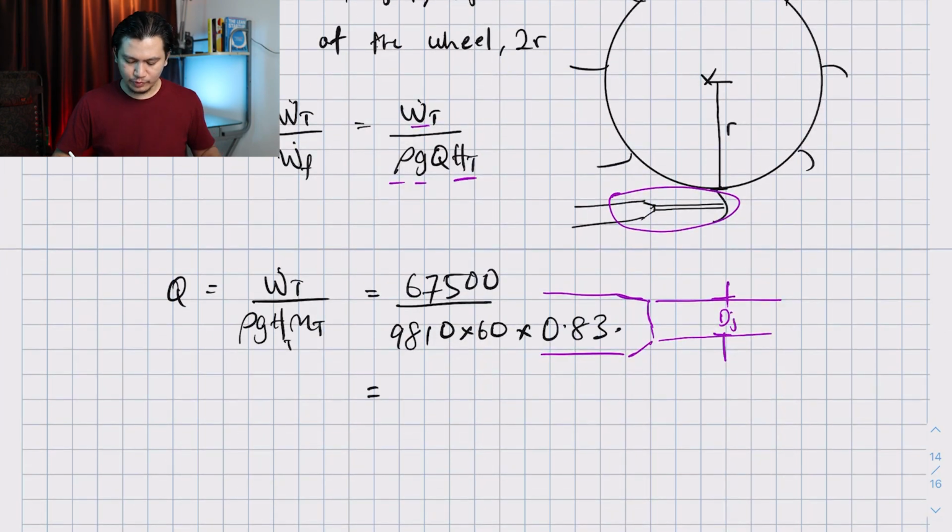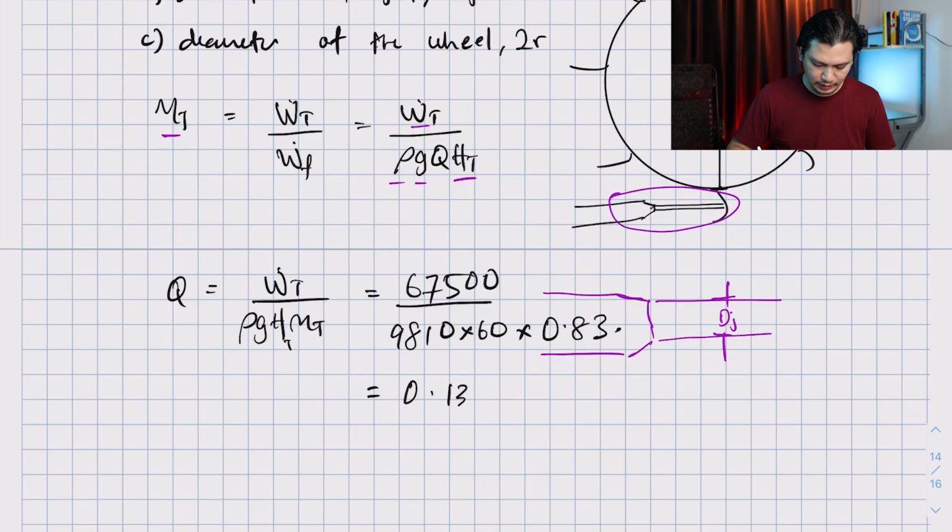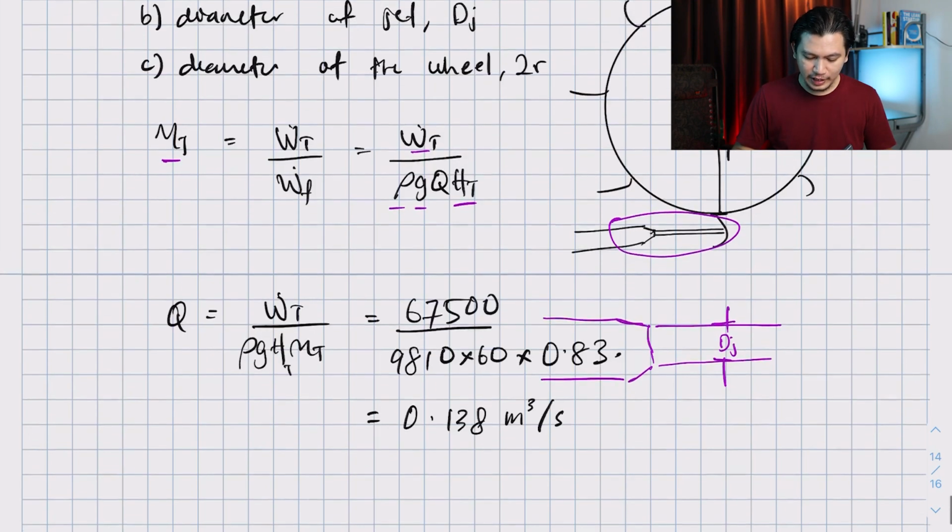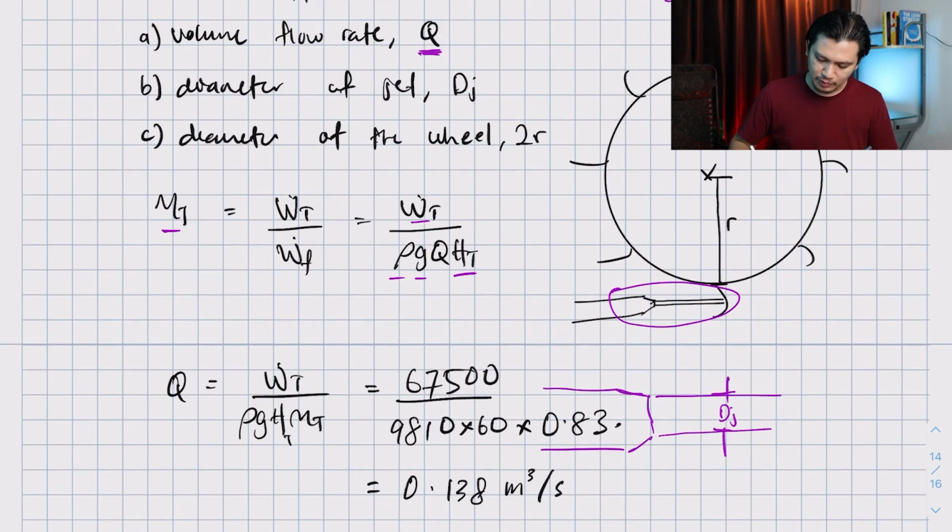I end up with 0.138 meter cube per second. Remember, this is volume flow rate, so the unit is meter cube per second. There you go, this is the answer for question number 1. Two more to go.